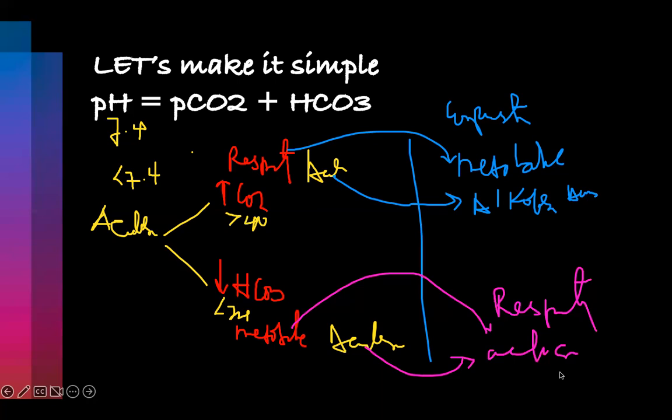Do you let the patient breathe faster or slow down? This one, the patient has metabolic acidosis, right? To correct it, you want the patient to have respiratory alkalosis. So you let them blow off their CO2. They keep increasing their respiratory rate so that they can blow everything out.